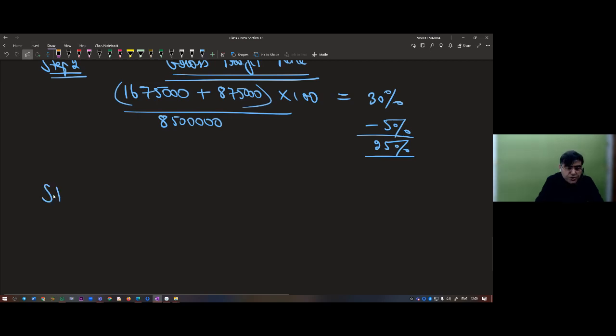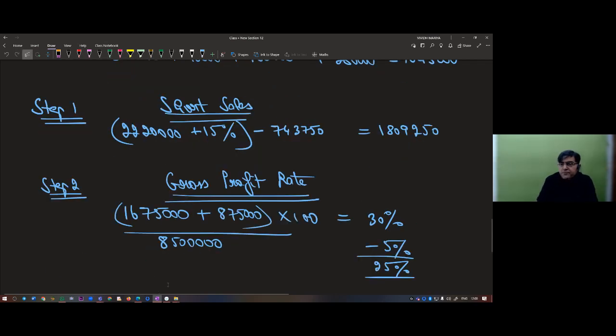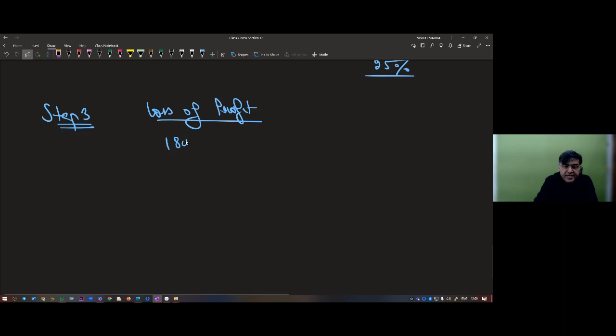Step number 3. That is loss of profit. Loss of profit is equal to step 1 into step 2, 1809250 into 25%.